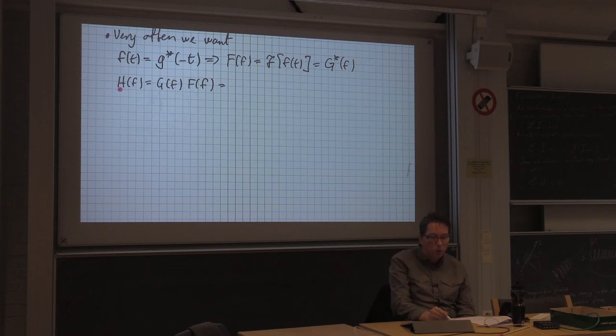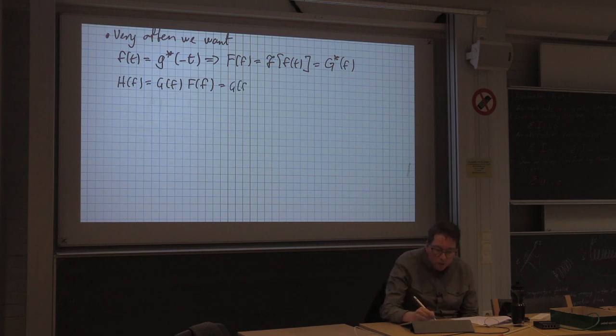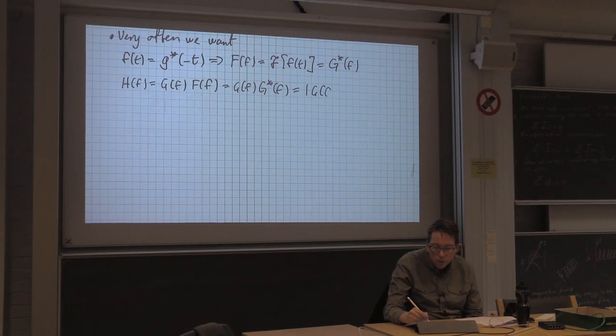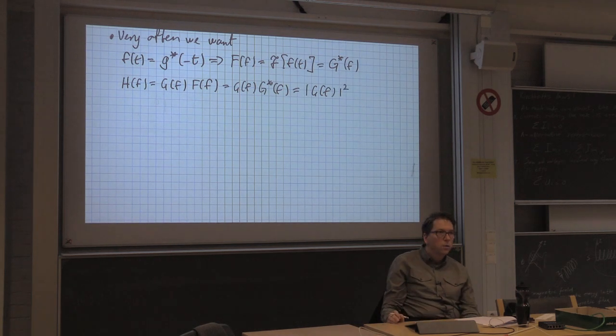Because we know that small h is the convolution of small g with small f. Okay, so if we take the Fourier transform, we get the product in the frequency domain. Okay. So this becomes then G of f, and capital F of f is simply G star. So this becomes then the magnitude of G of f squared. Okay.